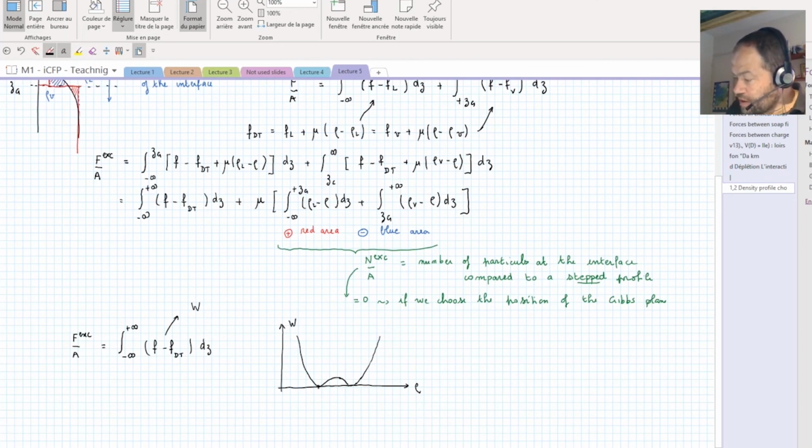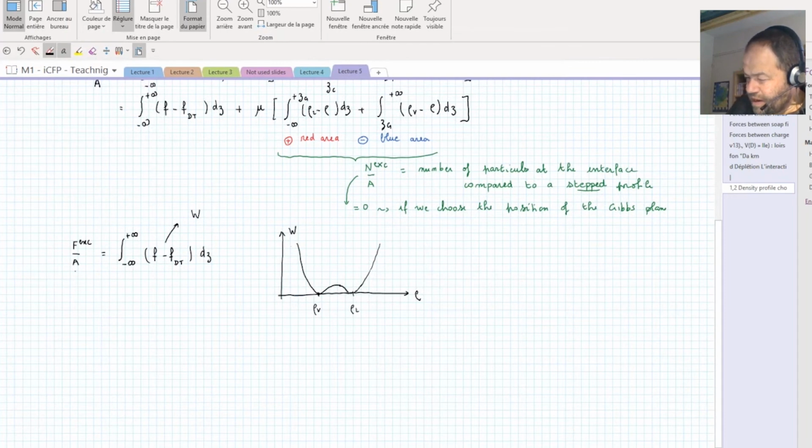And by construction, this function is equal to 0 for the two limiting values, which are rho_V and rho_L, which are here. So now I have to come back to the interpretation of what this quantity is.